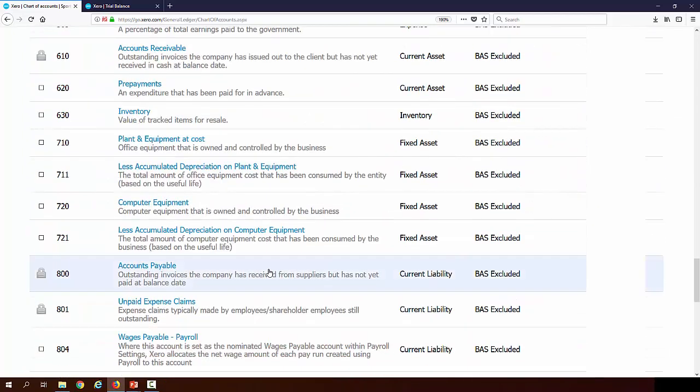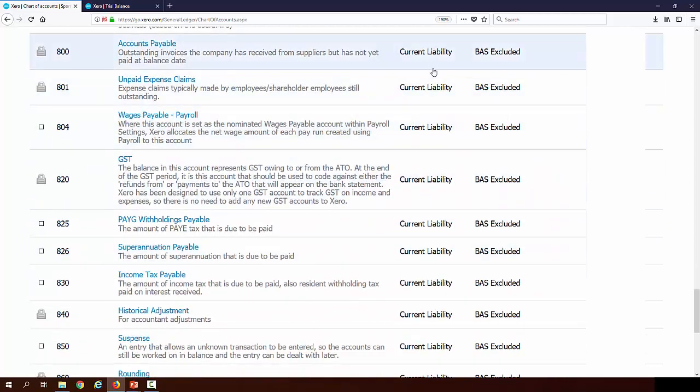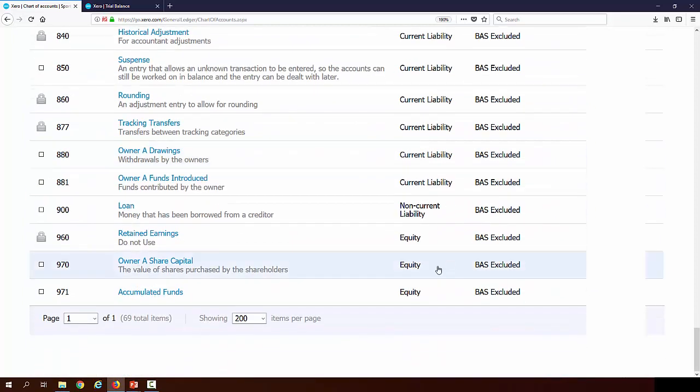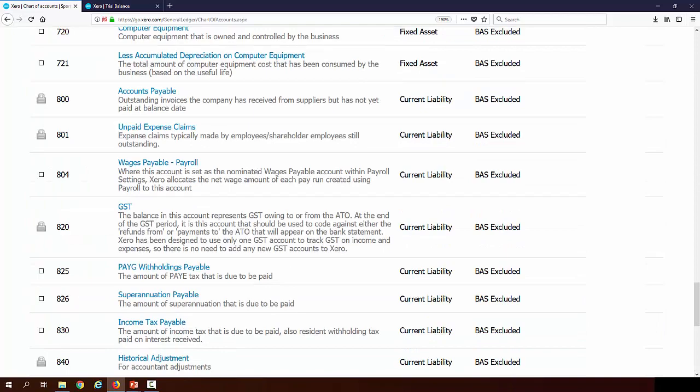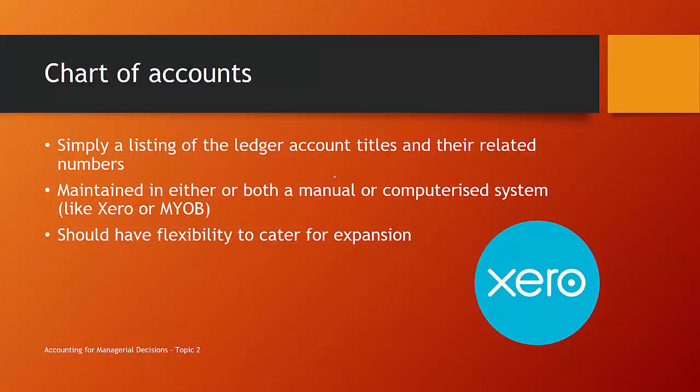Current assets, 600 codes, fixed assets, 900 codes, so non-current assets. Your liability codes all have 800s, equity 900s. So again, there's lots of opportunity to expand and add items in there, but it's a place where you can see what the different ones are.